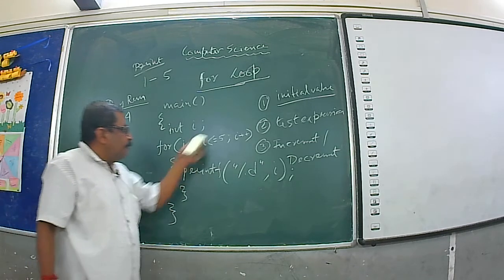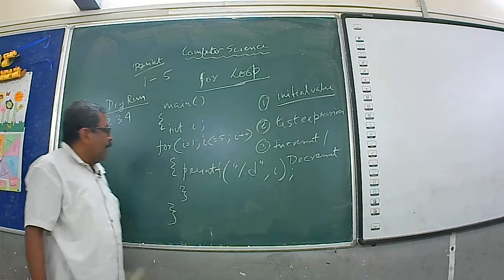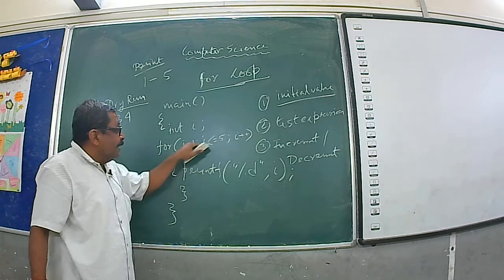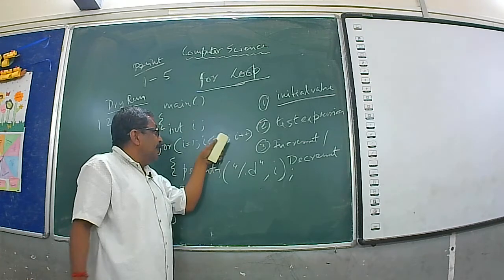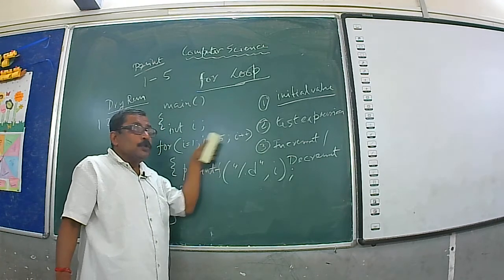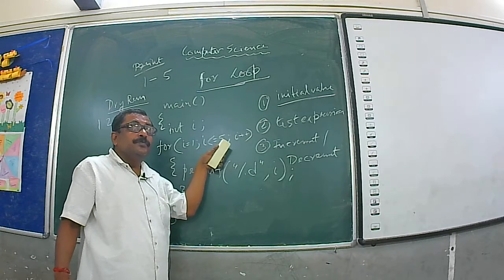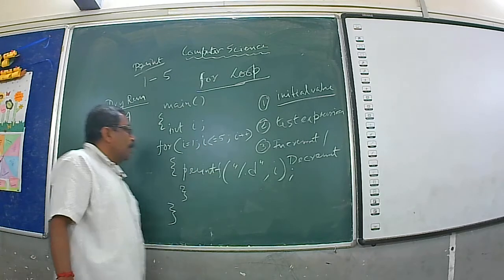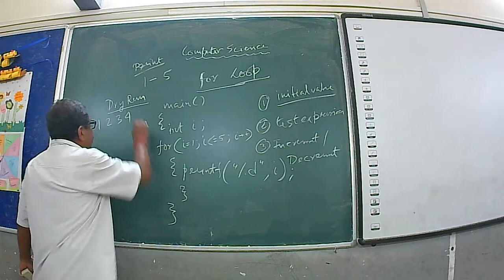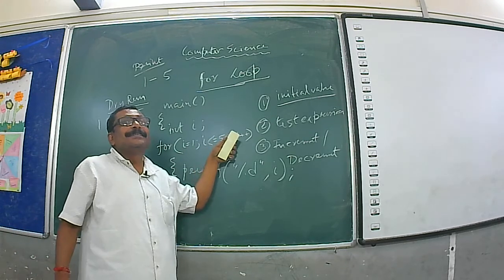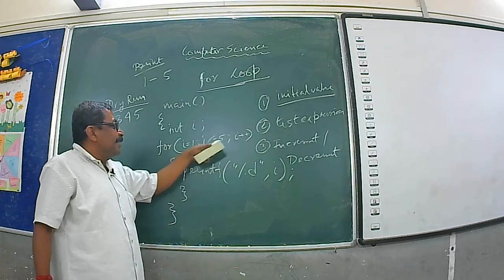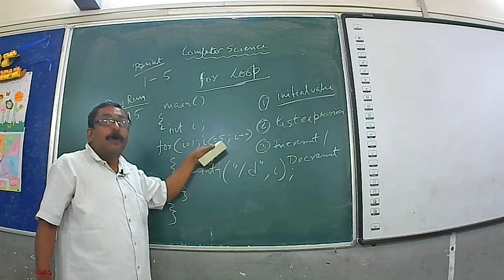Next time 5. Here 5 less than or equal to 5 is true, because less than or equal to is there. So 5 will be printed. Next time the value of i became 6. 6 less than or equal to 5, false.